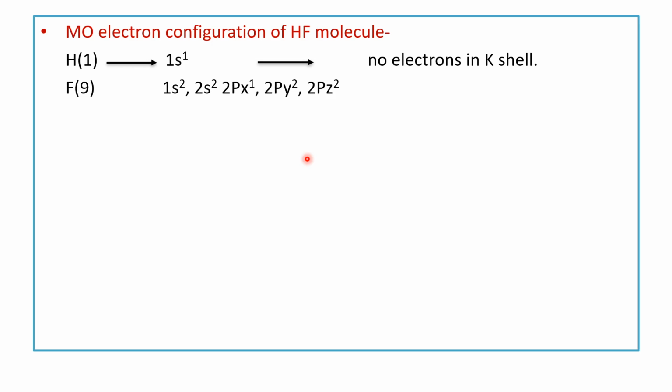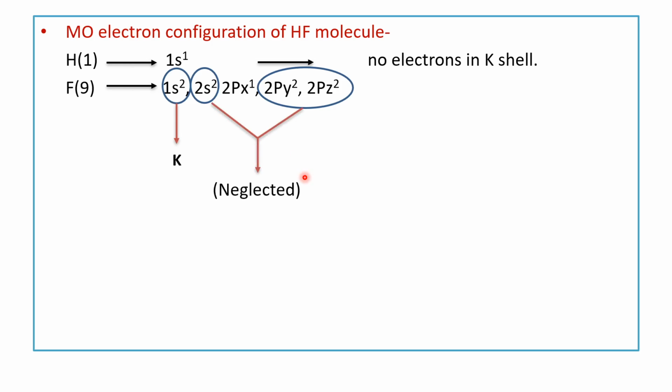Whereas the second, that is the more electronegative atom, is the fluorine with the electronic configuration 1s2, 2s2, 2px1, 2py2, 2pz2, right? Now here, this 1s2, that means these two electrons in the 1s atomic orbital, is lower in energy, that means it is non-bonding, and for this we have to use the letter K. Whereas the 2s2, 2py2, 2pz2 are neglected.